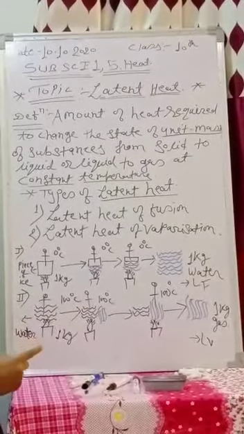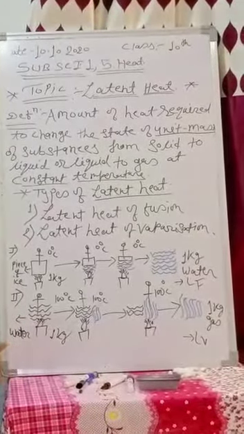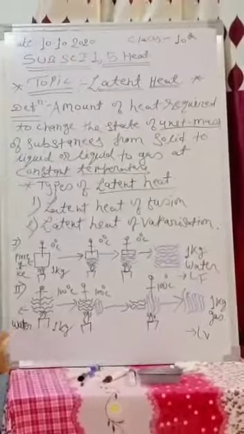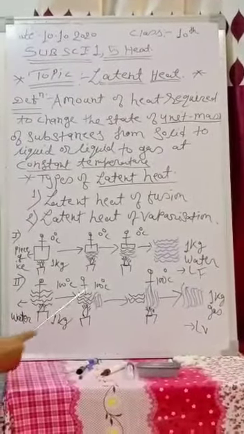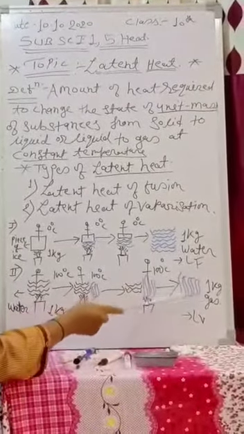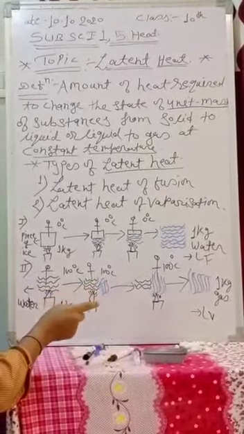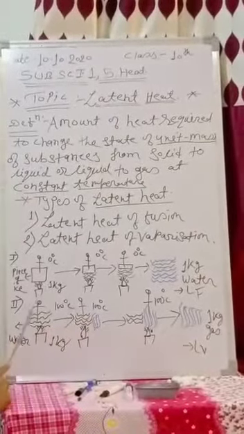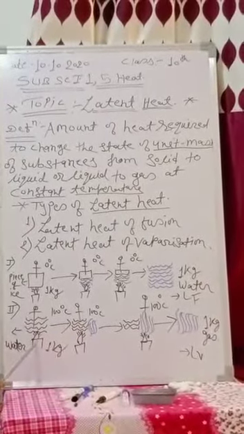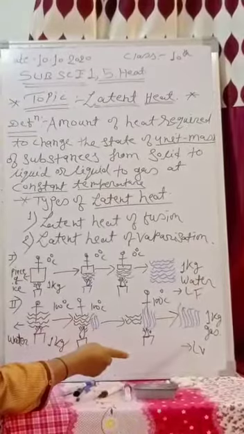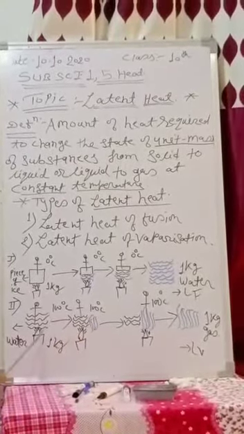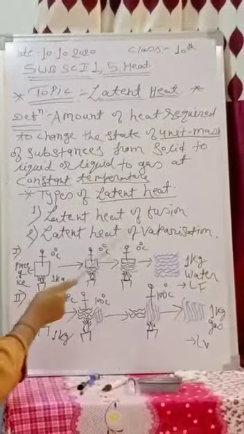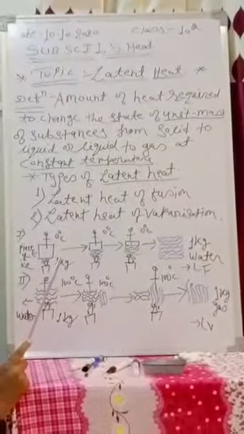Finally, 1 kg of water has converted into 1 kg of vapor. This is a transition from water to vapor, or liquid form to gaseous form, and this is called latent heat of vaporization.